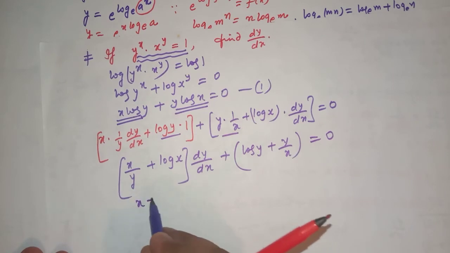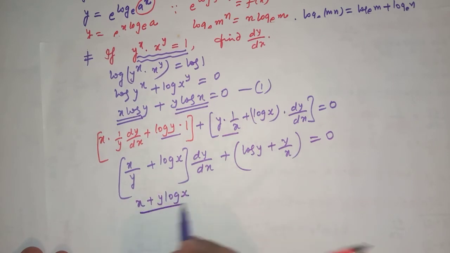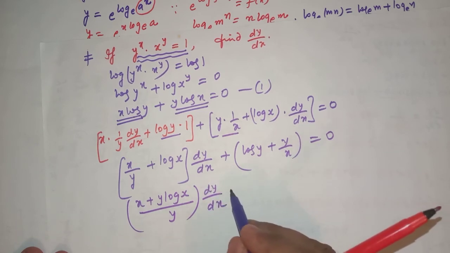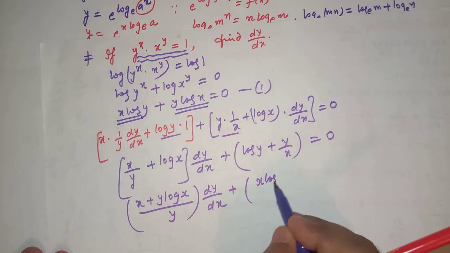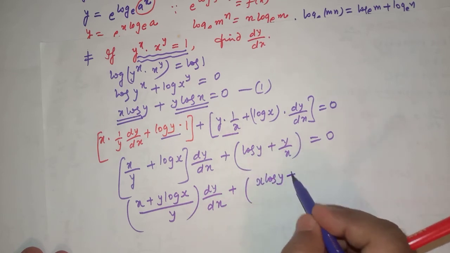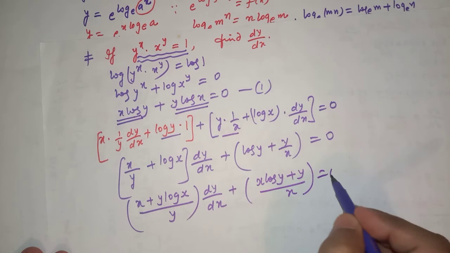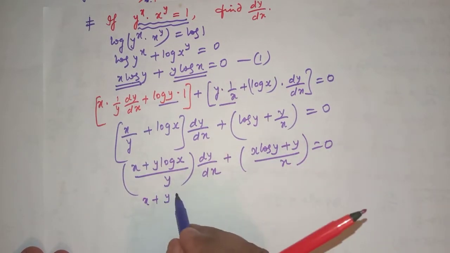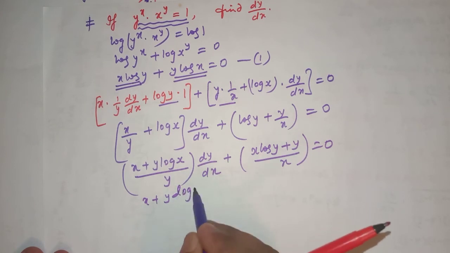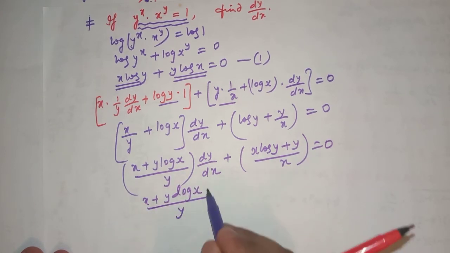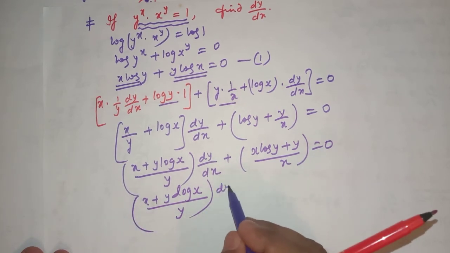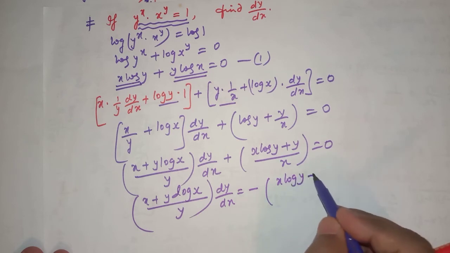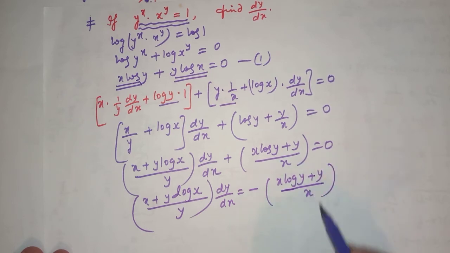So here we can write x over y plus log x, times dy over dx, and here we can write x log y by taking LCM, plus y over x, equal to 0. Now we'll take this term to this side, so we'll have x over y plus log x, dy over dx equal to minus of x log y plus y over x, clear.